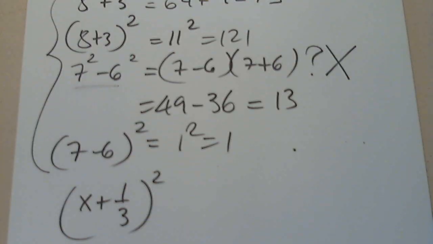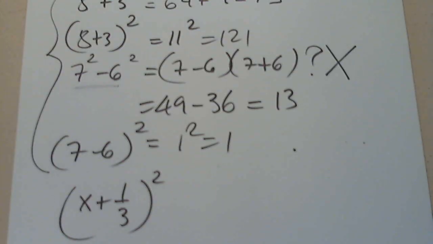Which special product is applicable here? You can say a binomial squared. That's how I would answer, a binomial squared. How many terms do I have to write? Three. Yes. So please give me the first term squared and the last term squared, and then we'll check the middle term.